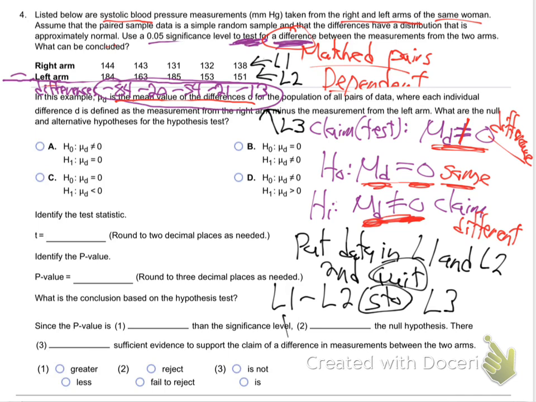You get L1 by going second 1, L2 by going second 2, and L3 by going second 3. So you store the difference. The differences now will be in L3, and we'll just work with L3.